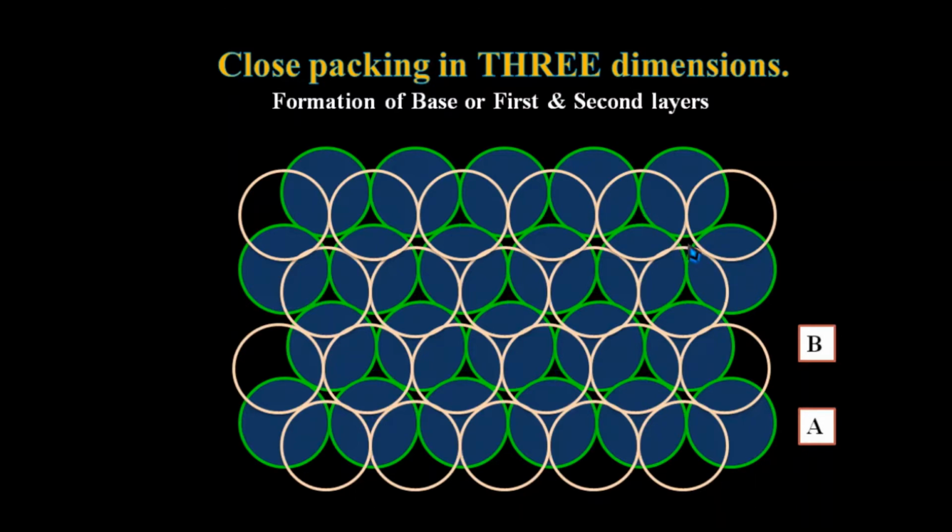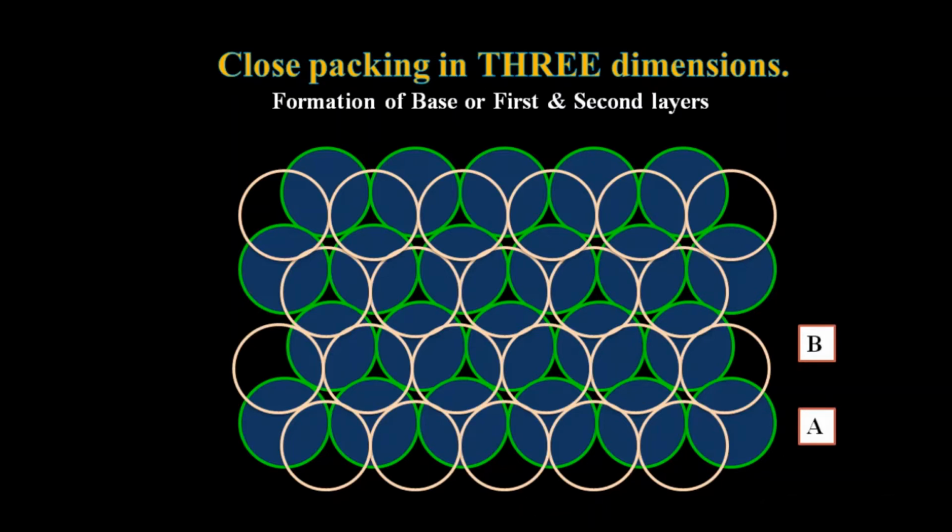The double triangular type of void is a combination of two triangular voids, one from the first layer and the second from the second layer, with the vertices of one triangle upward and the vertex of the other triangle downward.